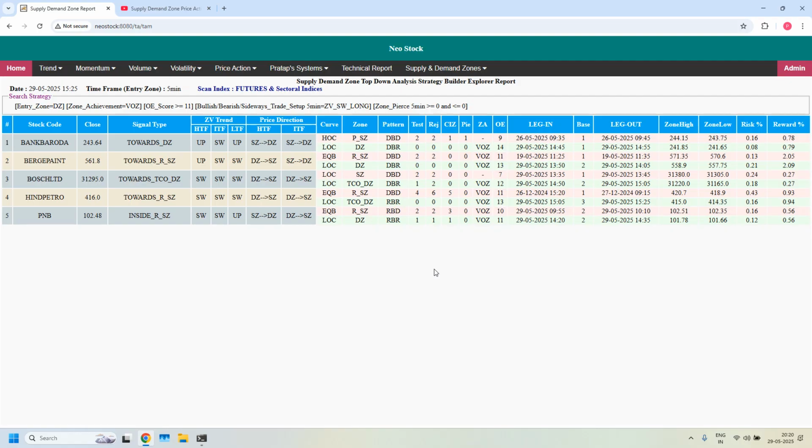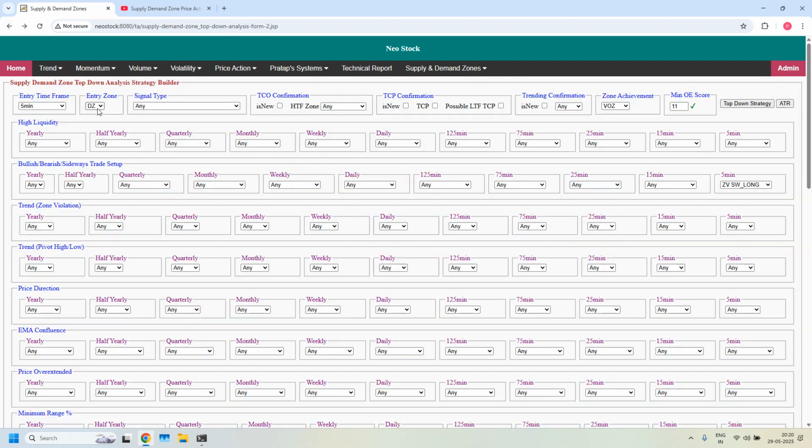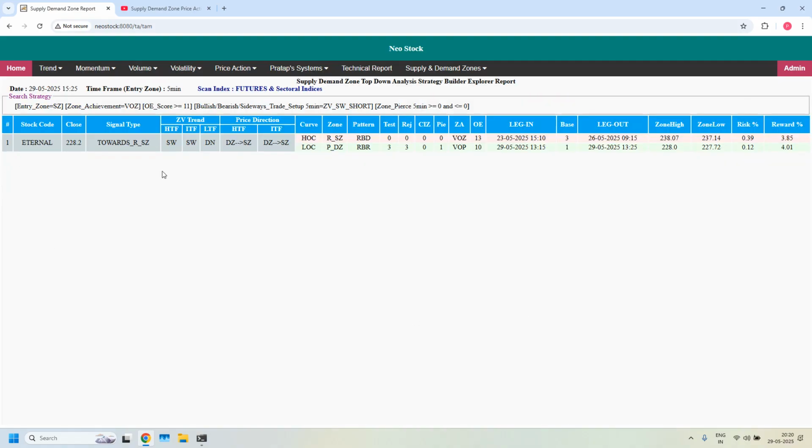Next, sideways short trade setup. Entry time frame zones are 5 minutes supply zones. Here bullish or bearish or sideways at 5 minutes, I am changing to sideways short. Now all 3 filters are applied to 5 minutes supply zone. So we got 1 stock. Entry time frame is this 5 minutes supply zone.